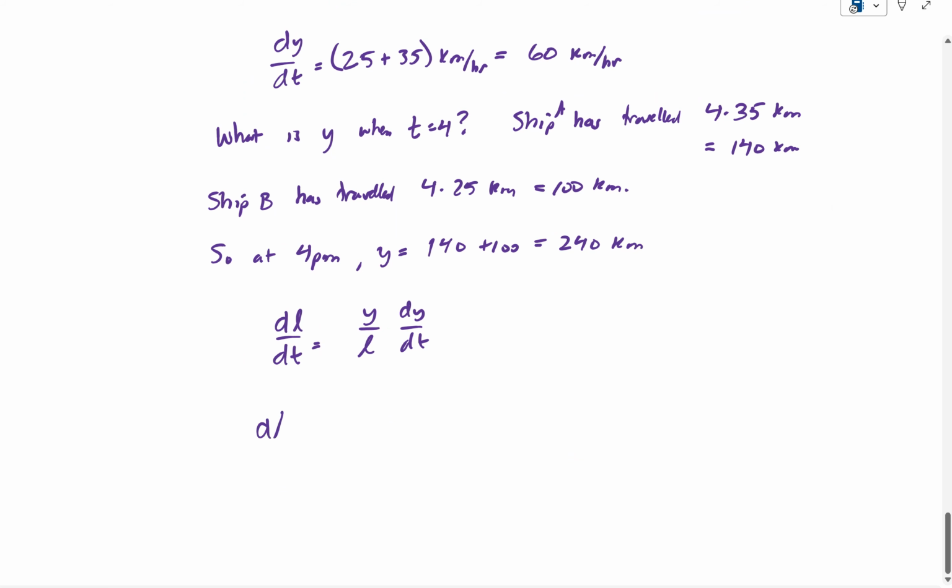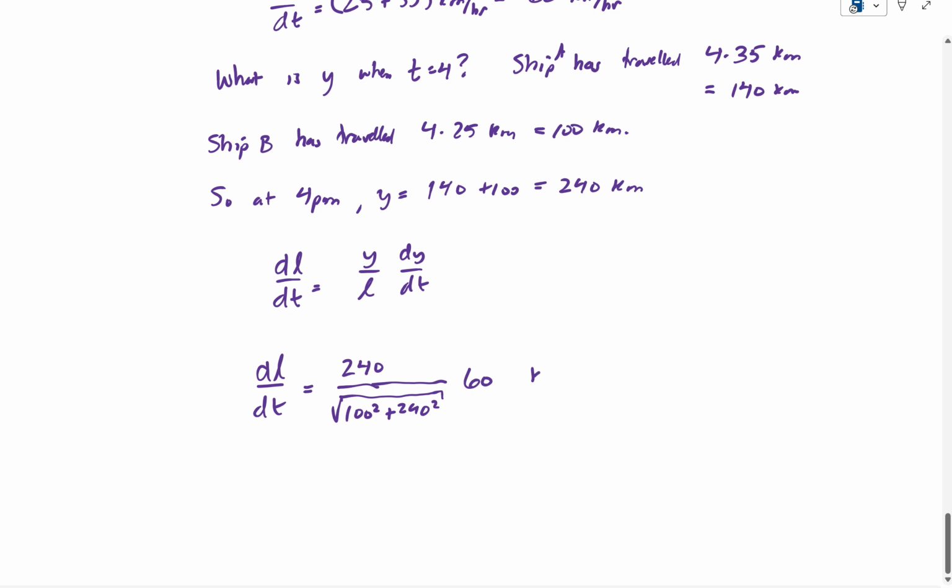So I have dl dt is equal to my y, which is 240, over square root of 100 squared plus 240 squared. And then my dy dt, which was 60. And this whole answer is in kilometers per hour.